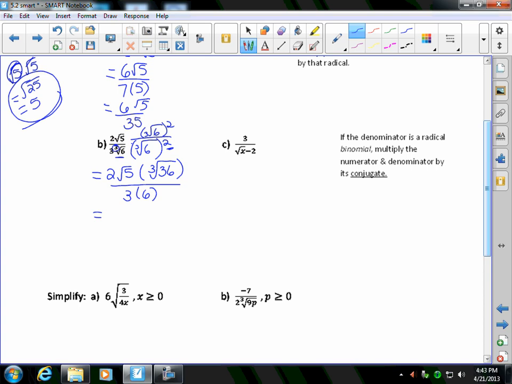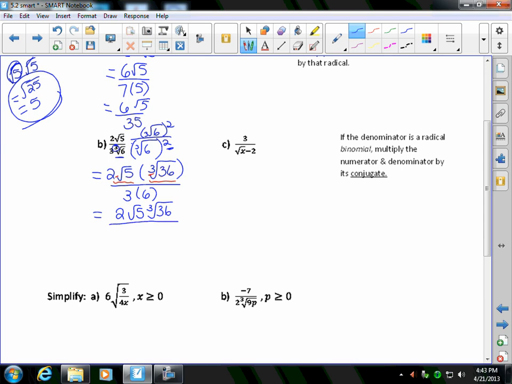So what I have then, this and this do not have the same index, so I can't multiply them together. So I have 2 square root 5 times the cube root of 36, and cube root of 36 doesn't break down.